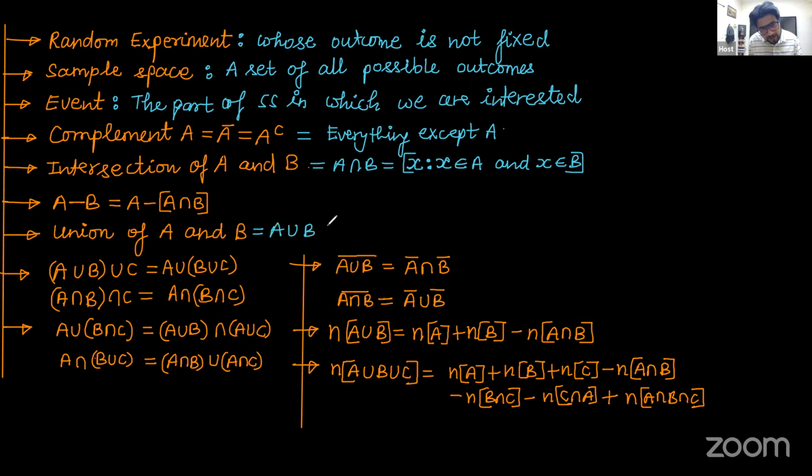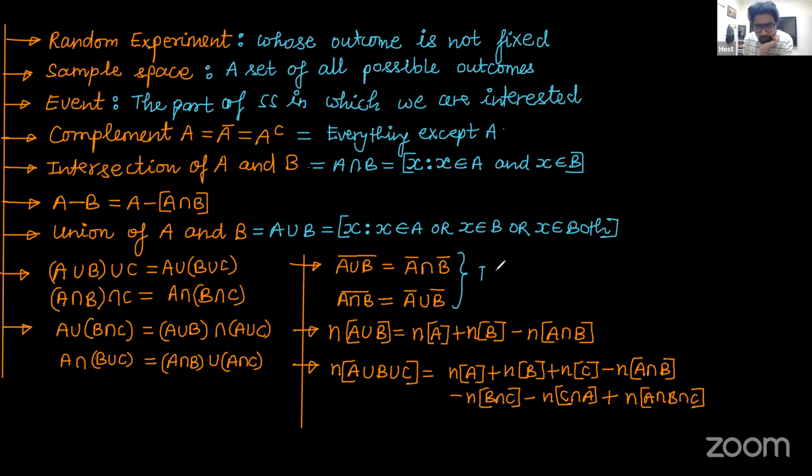Union of A and B, I'm going to consider all those elements which either belong to A or belong to B or belong to both. That is union. Then all other laws we have already understood.